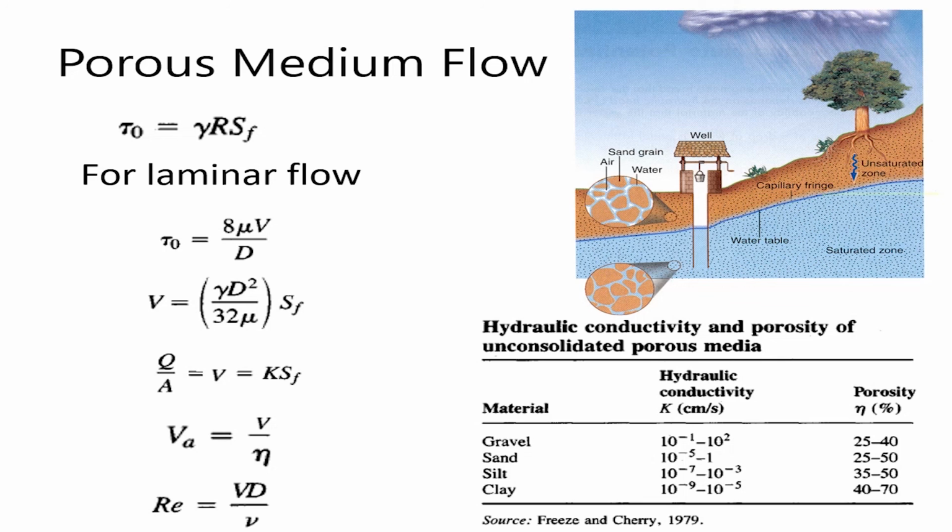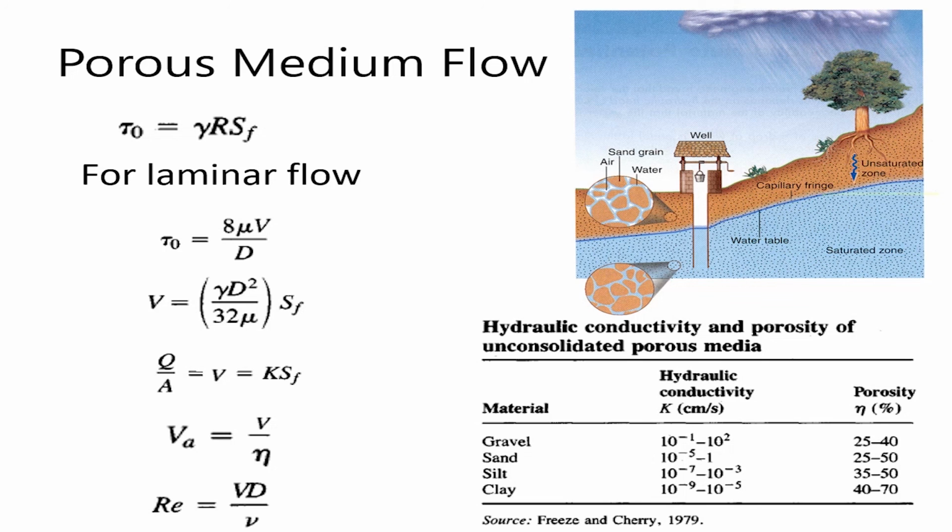Gross velocity means that when the flow is taking place at any cross section, it has sand particles and water, and the water is passing only through the voids, not through the solids. But when we compute this V, we consider the total area, including solids as well as fluid. So this is called the gross velocity.